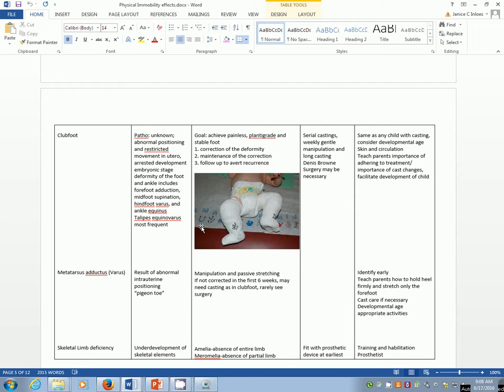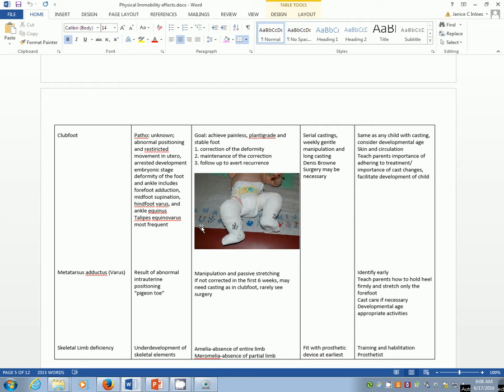So our goal with these little babies, and they can actually be seen on ultrasound in utero, so you don't have to wait and see when they're born, and it be a big surprise to the parents that they have a clubfoot baby. Usually when the doctor's doing his routine ultrasound, he can see if it looks like there's some problems with the foot.